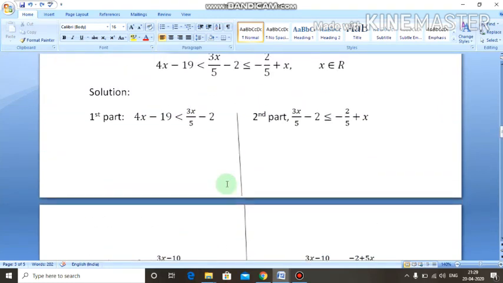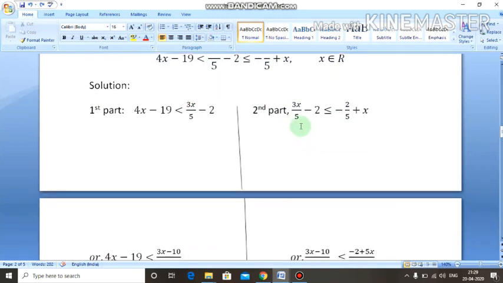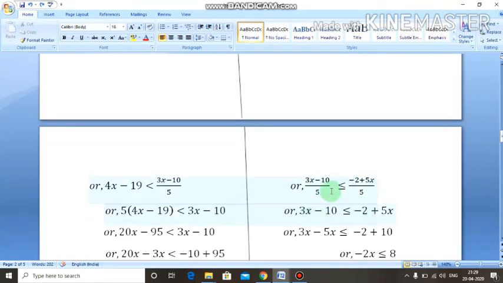And this is the second part. Similarly, we have taken the LCM on the left hand side, and on the right hand side also, and simplified this part. After that, from this line to this line we have multiplied both sides by 5.